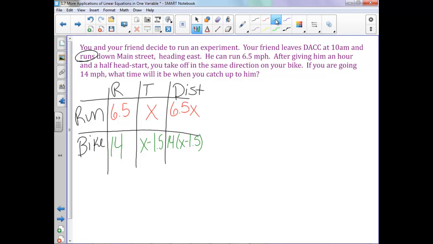And so we want to know when they're the same distance. So remember, we've got the runner going this way and then the biker going the same way. So we want to know when they've caught up to each other or when they're the same. So when they've gone the same distance, so set them equal to each other.